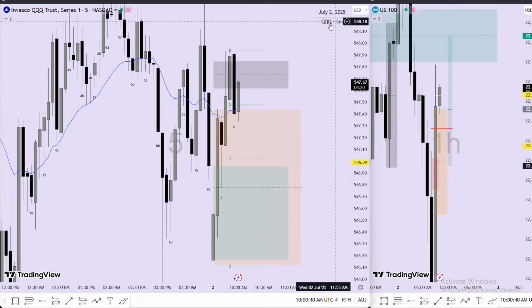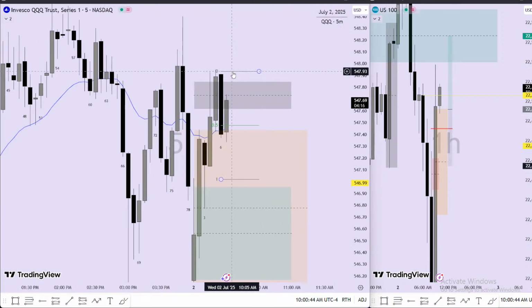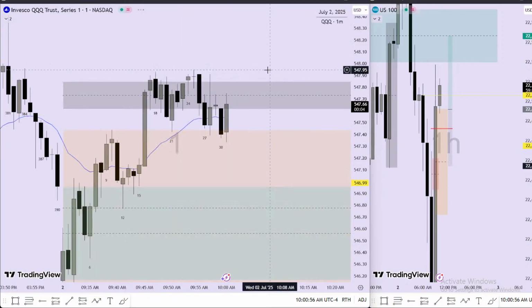Coming back to the 5 minutes, now this is a high one on the 5 minutes time frame, and on the 1 minute we had a three-legged pullback. First leg, second leg, and the third leg. This is the start of the channel.